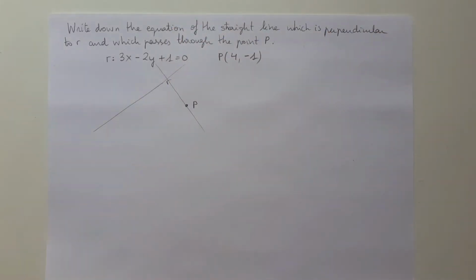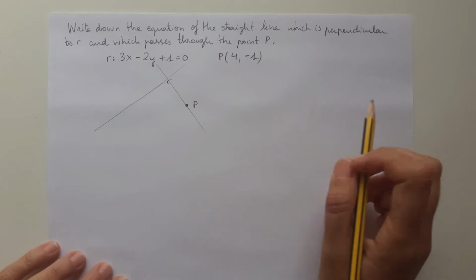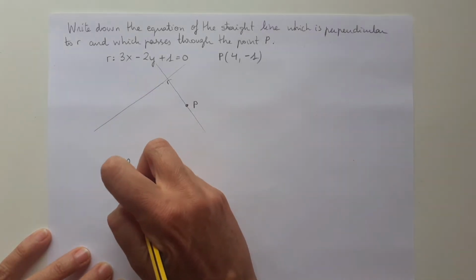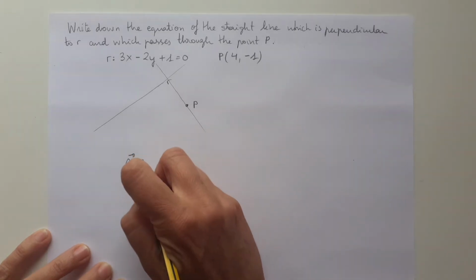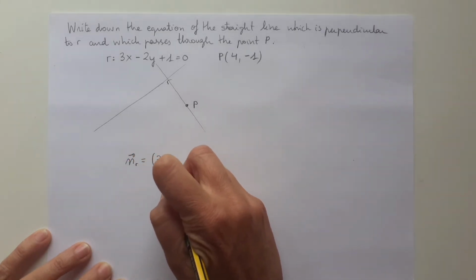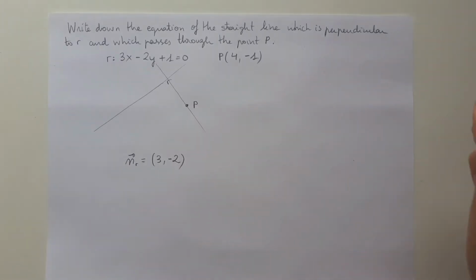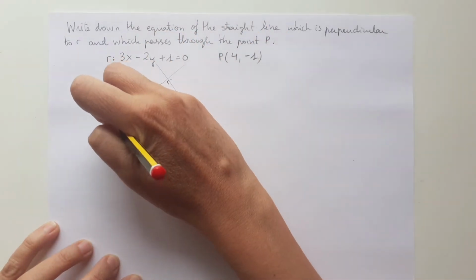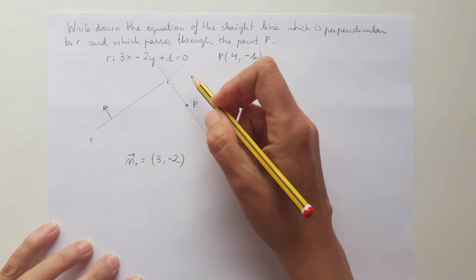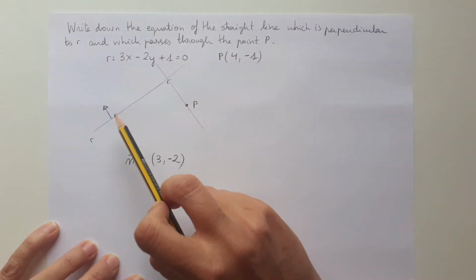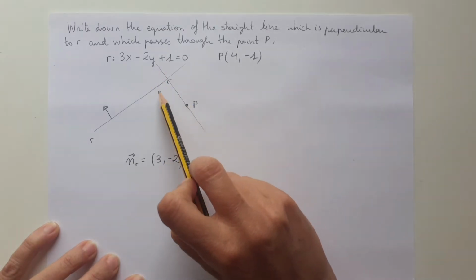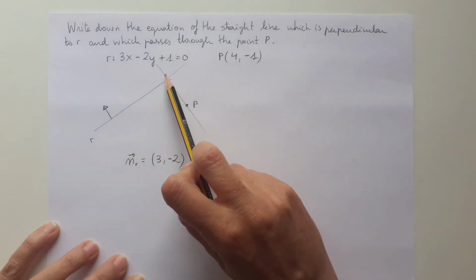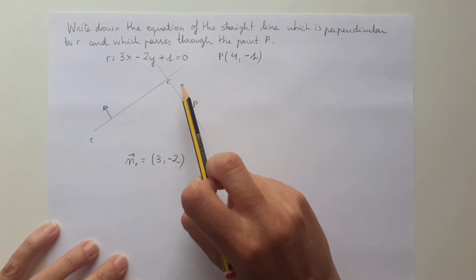When I look at the general equation form, I obtain certain information, and the information is that a normal vector to the line R equals this. Normal vector means, this is line R, remember, that is perpendicular to line R. But since we need a line that is perpendicular to this line, this vector could be a directional vector for the line I'm looking for.